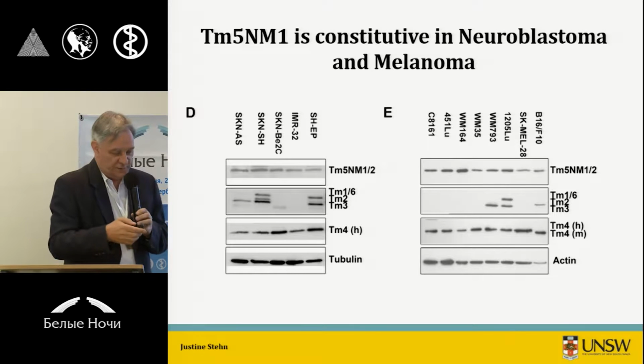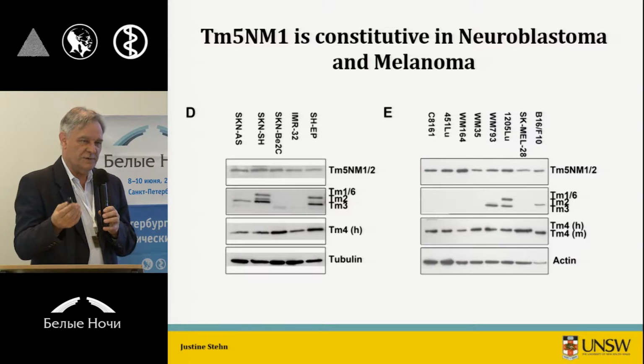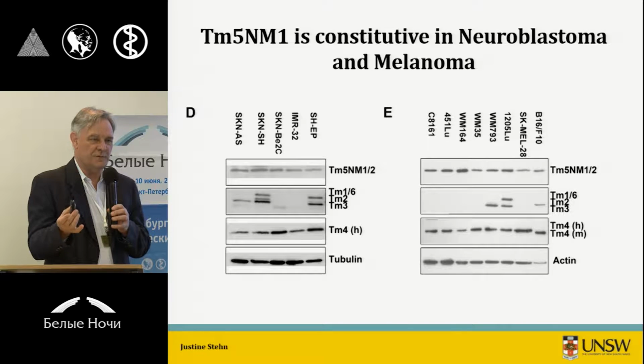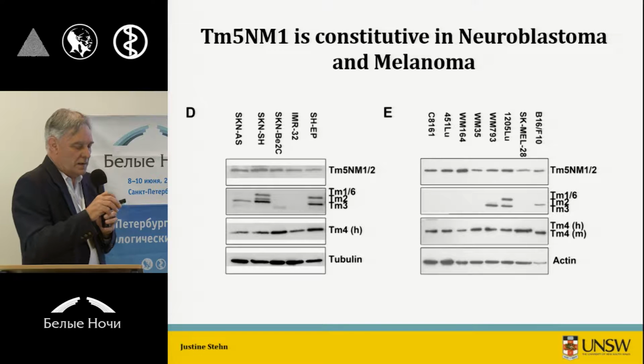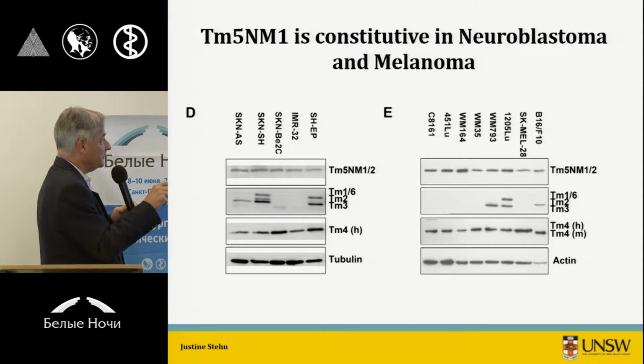For some years, it's been clear that the composition of actin filaments in cancer cells is quite simple compared to the composition in normal cells. What this slide shows you is a set of neuroblastoma, which is childhood cancer, and melanoma.